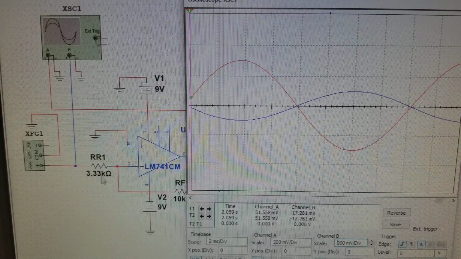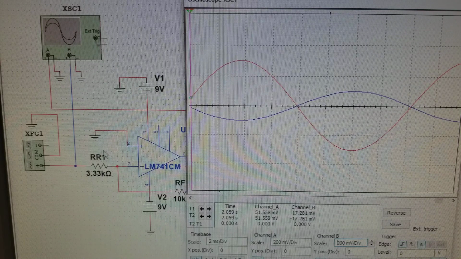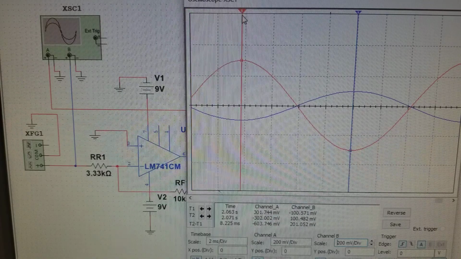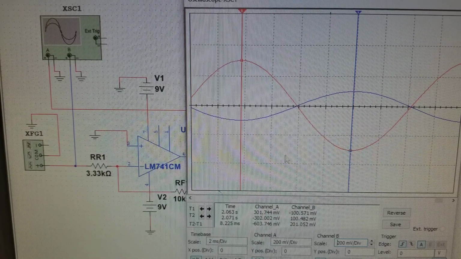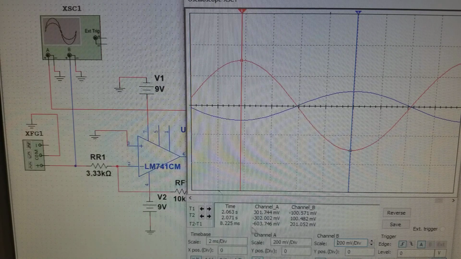Next, we change the RR1 to 3.33 kiloohms. You can see that our output voltage is at 603 millivolts, and our input voltage stays at 201 millivolts.